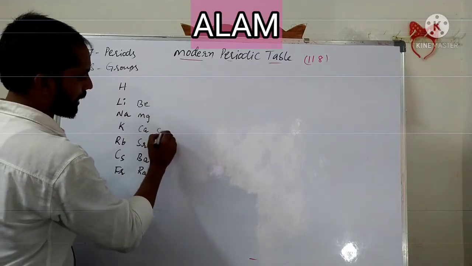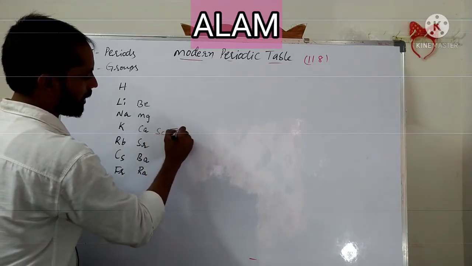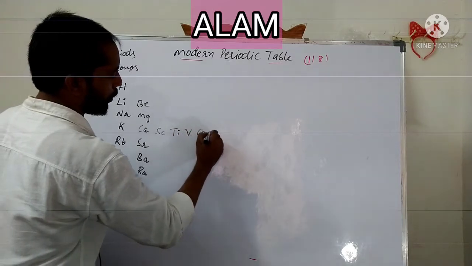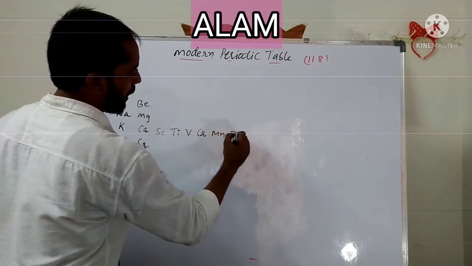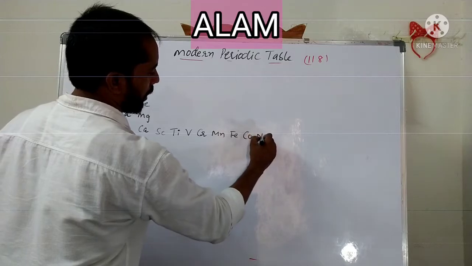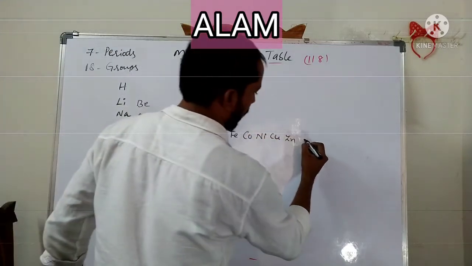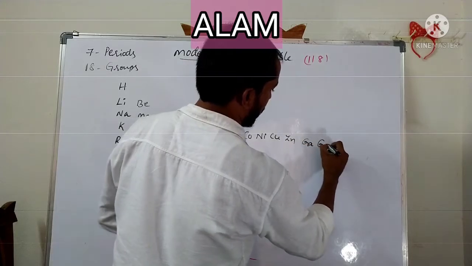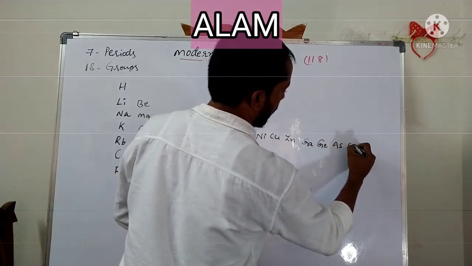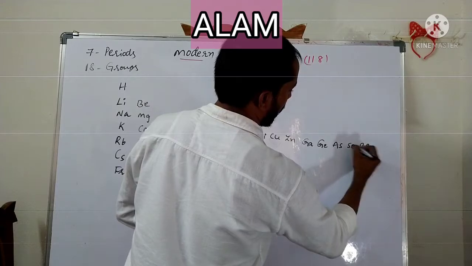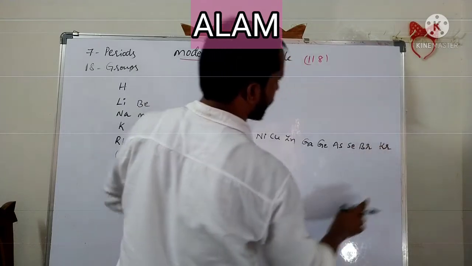After calcium: scandium, titanium, vanadium, chromium, manganese, iron, cobalt, nickel, copper, zinc, and then gallium, germanium, arsenic, selenium, bromine, krypton.